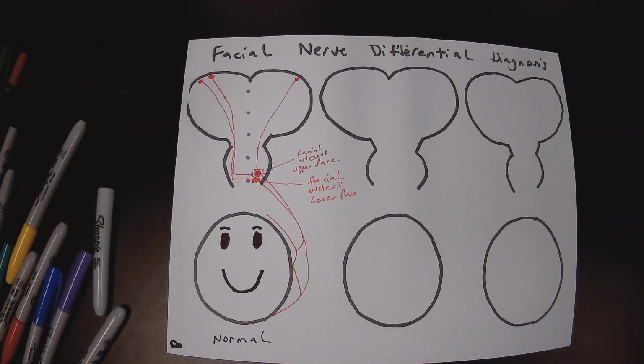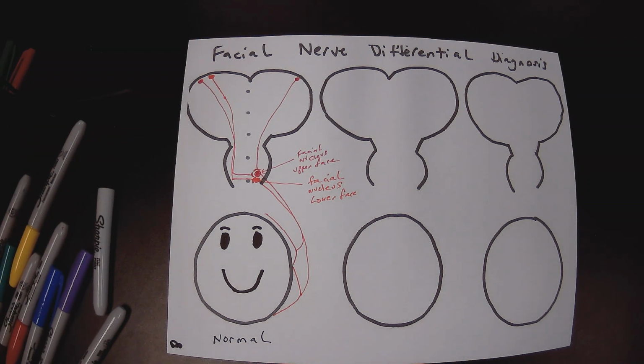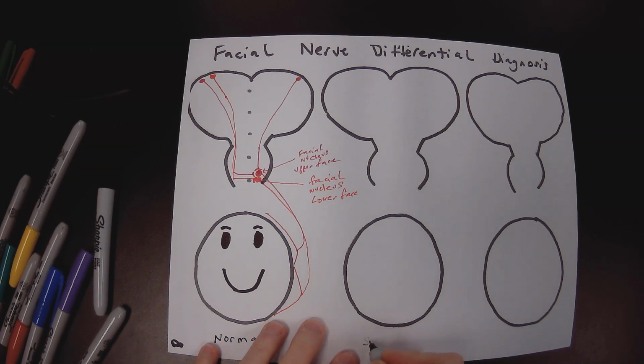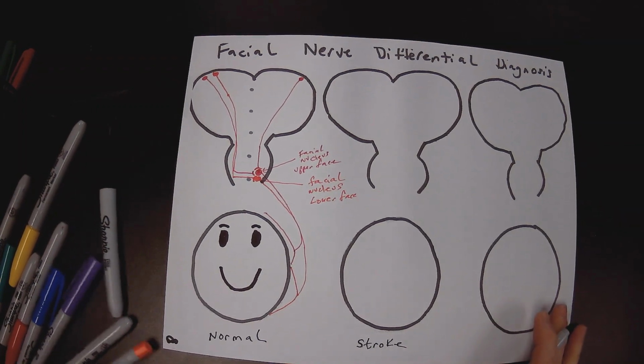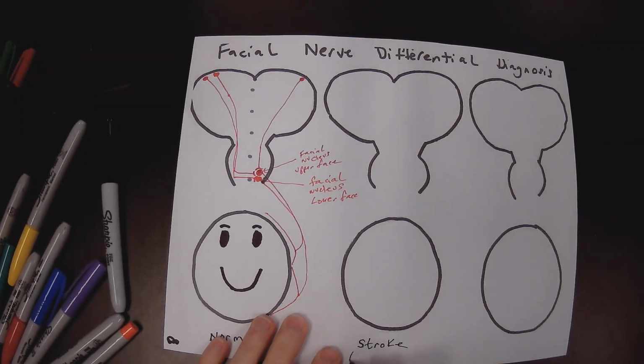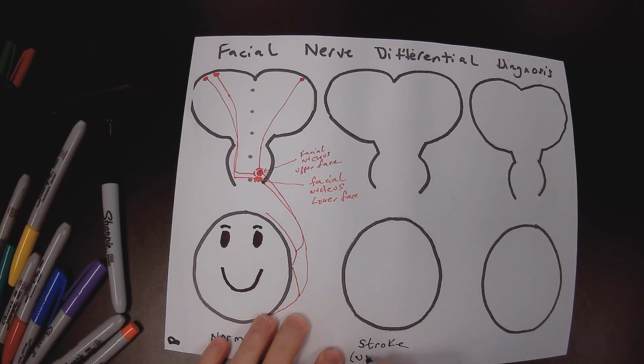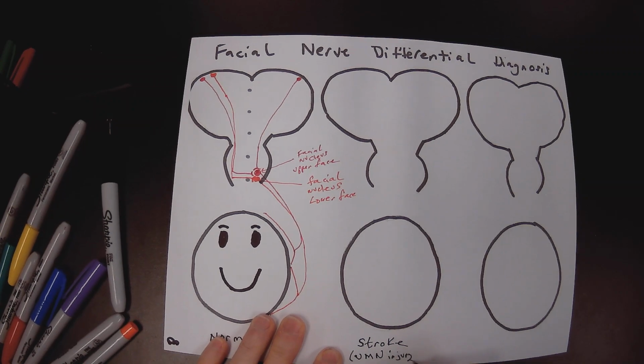Now let's look at what happens in a patient post-stroke. Okay, let's go ahead and draw the stroke. We've talked previously that a stroke is an upper motor neuron injury.